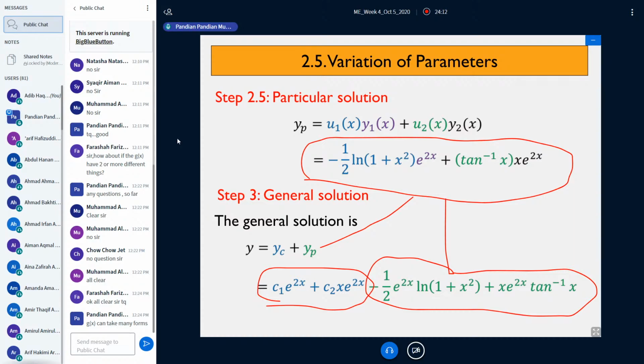If you understand more examples, more exercises, then you will be able to differentiate how to use the variation of parameters or the undetermined coefficient method. So at the end of the day, there will be a confusion about which method to use, undetermined coefficient or variation of parameters.